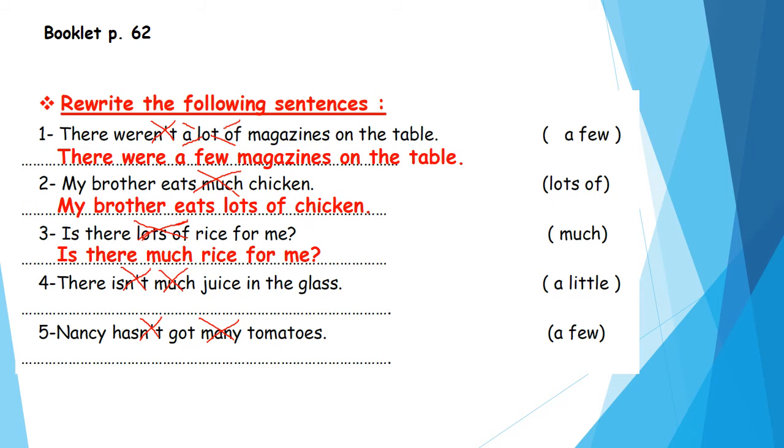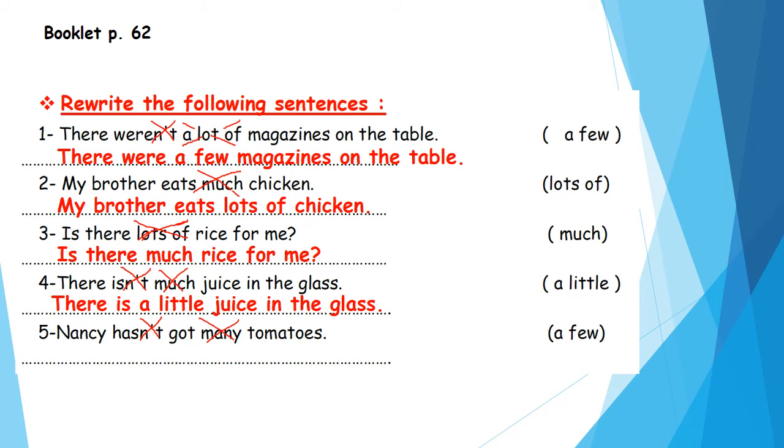The first step, you will cross not, because we can't put a little in a negative sentence. The second step, you will cross much. So you will say: There is a little juice in the glass.